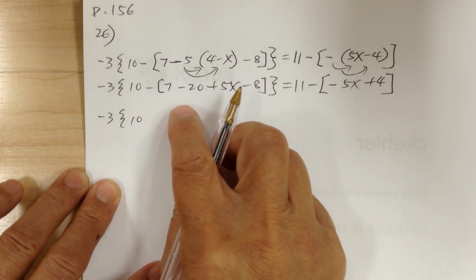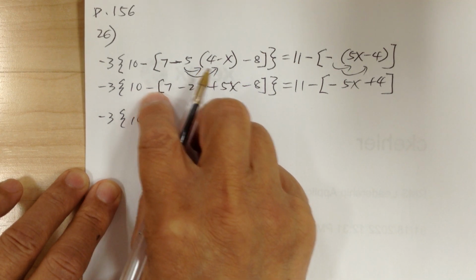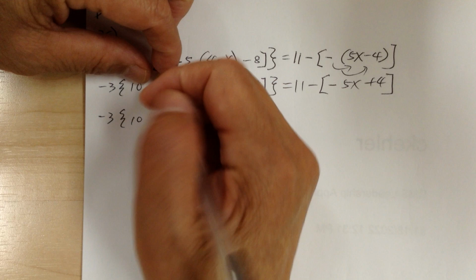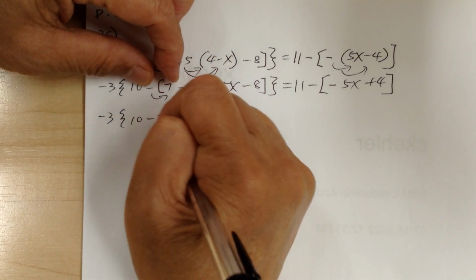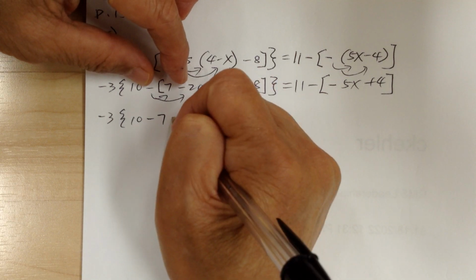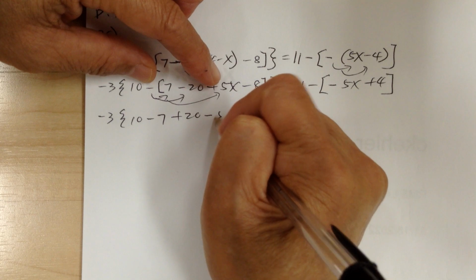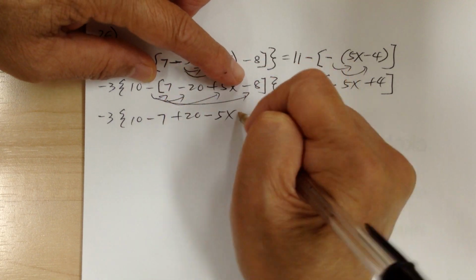You multiply by the number in front, and no number means it's 1. So negative 1 times 7 is minus 7. You want to use your finger also to help you. So this will become plus 20. This one would be minus 5x. And this one would be plus 8.